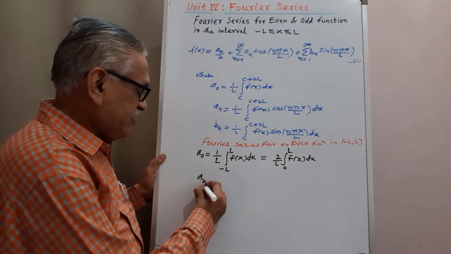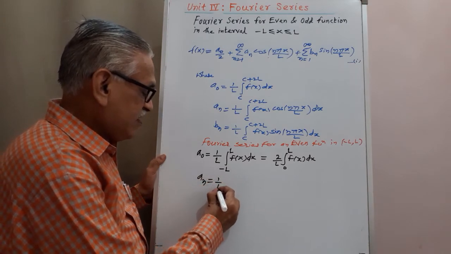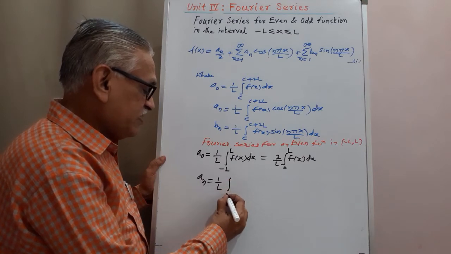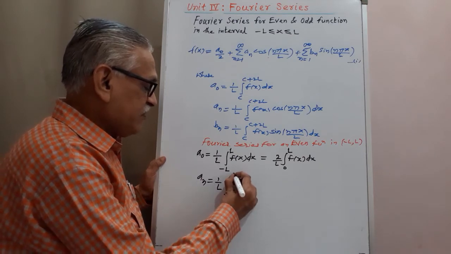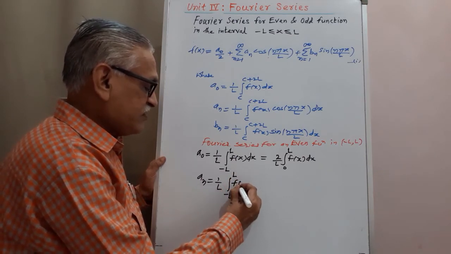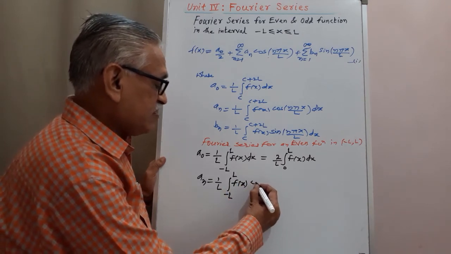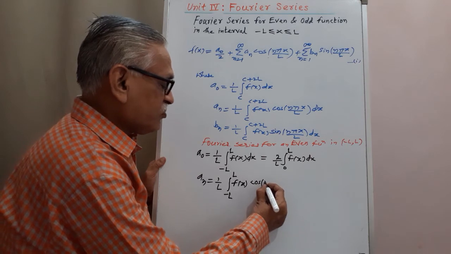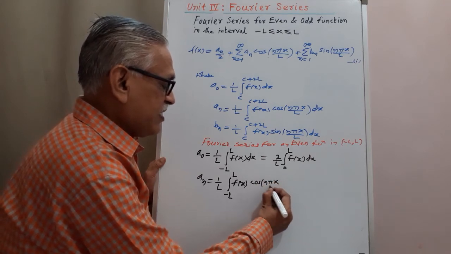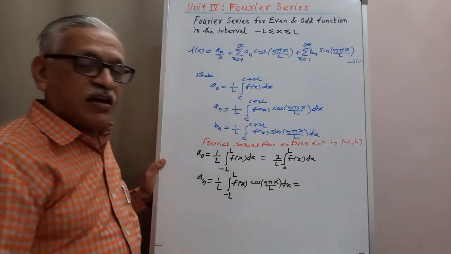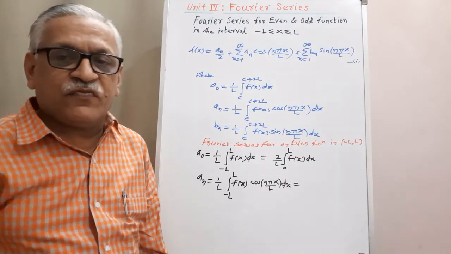An is given by 1 by L, integration from c to c plus 2L, lower limit is minus L, upper limit is L, f of x, an even function, multiplied by the cos function, cos of n pi x by L. It is a product of two even functions.